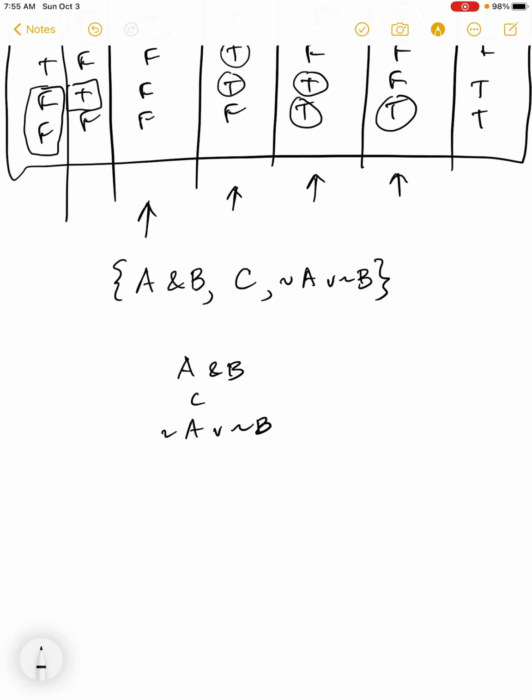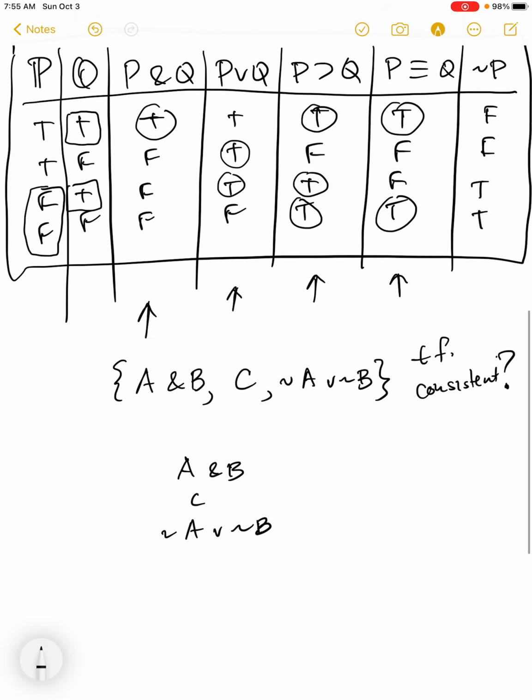And now, the question is: is this truth functionally consistent? What I'm going to do is think about the conditions under which each one of these is true. So going back to the good old characteristic truth tables, let's think about a conjunction, because the first sentence on this list is a conjunction of A and B. A conjunction is true when both conjuncts are true.